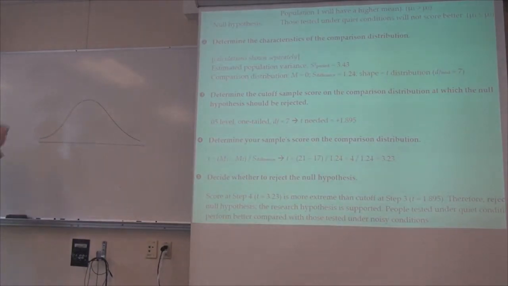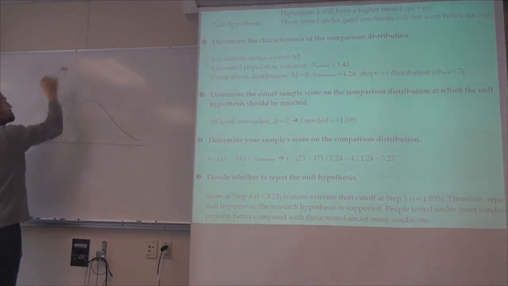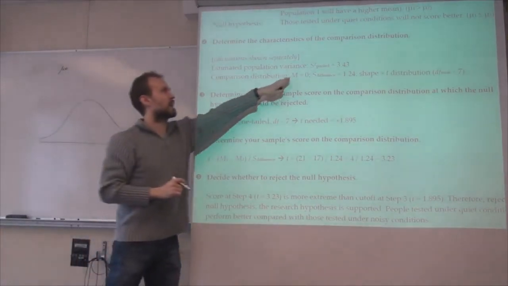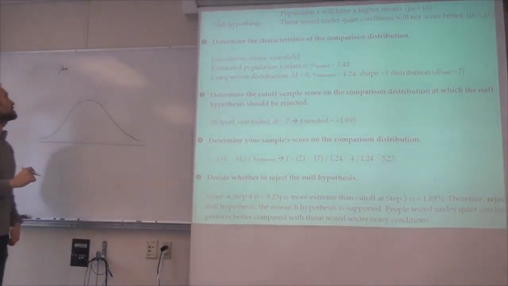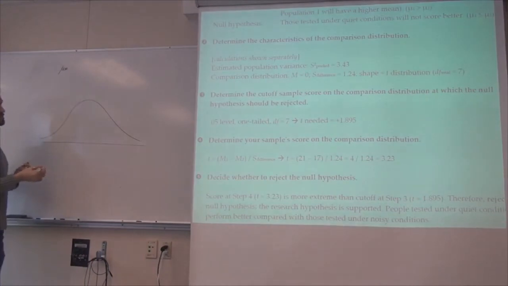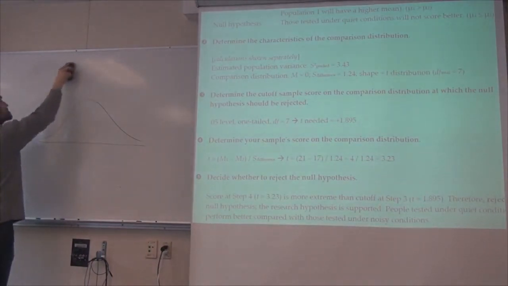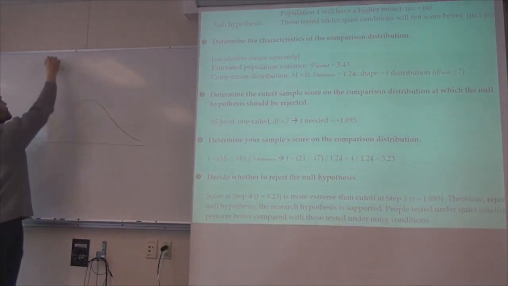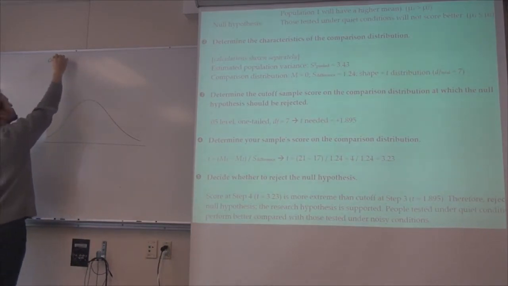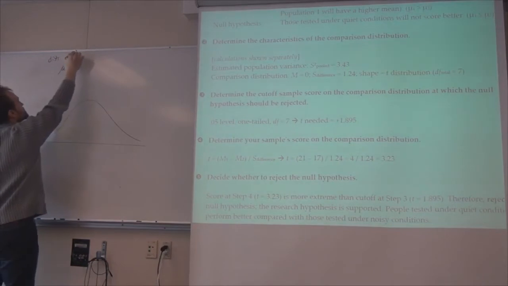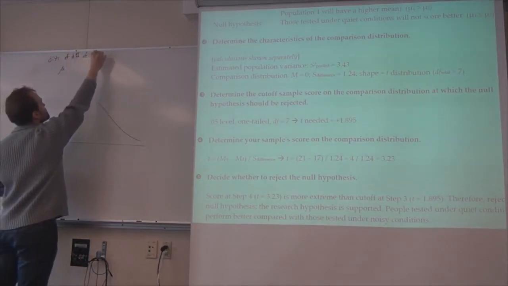So I'm looking at my distribution of means. I'm not happy with the M there. I think mu difference is more appropriate, because this is the distribution of differences of means.